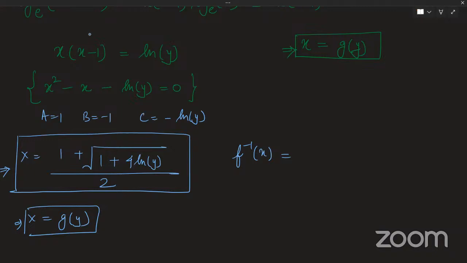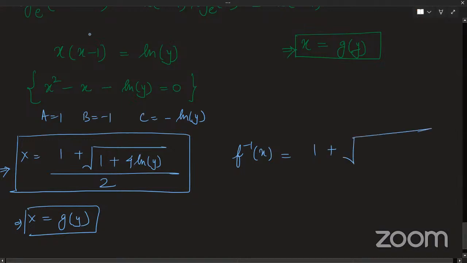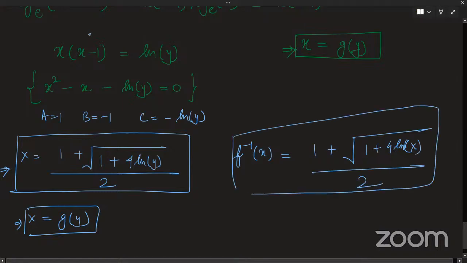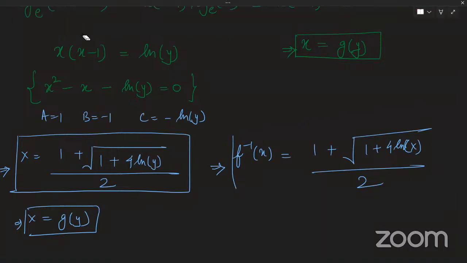You were just supposed to invert the values of x and y, and that is your answer. So your answer is 1 plus under root 1 plus 4 ln x, whole divided by 2. Just invert the values of x and y, and that is your answer.